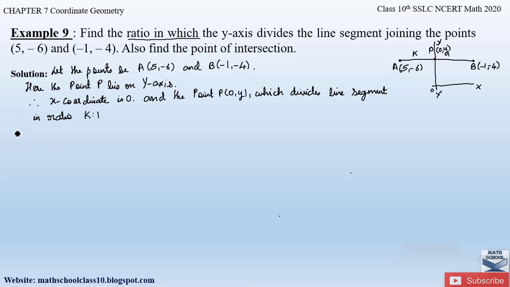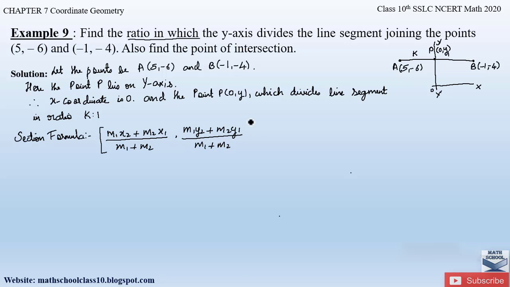Let's first write down the section formula, which is given by (m1x2 + m2x1) divided by (m1 + m2), and (m1y2 + m2y1) divided by (m1 + m2). This point P divides the line in the ratio k:1.